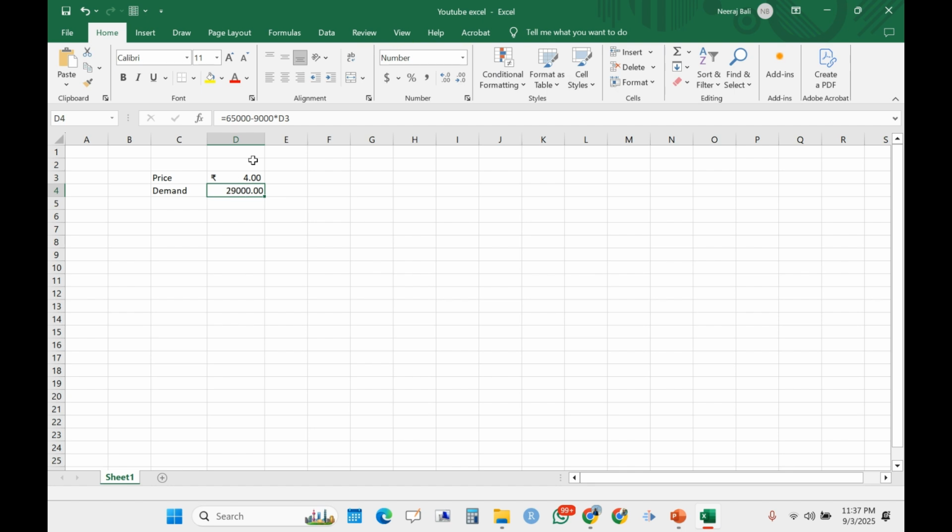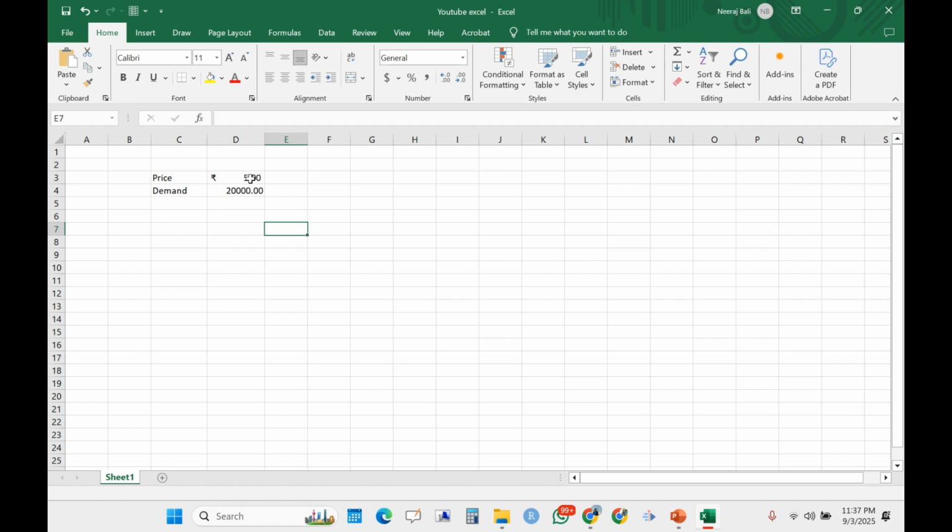Why are we saying 9,000 reduction into price? Because right now it's 29,000, and our assumption is that the present demand is 65,000. But if I increase the price to 5 rupees per unit, what will happen? The demand will reduce. Obviously, when the price increases, the demand will reduce. And we have assumed that it will reduce by 9,000 per unit increase in price.